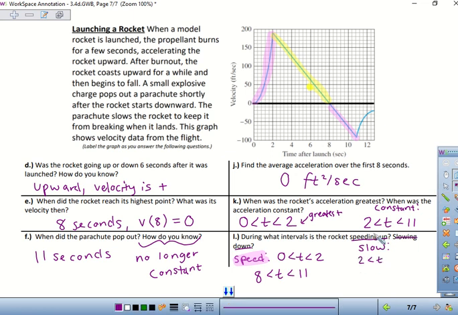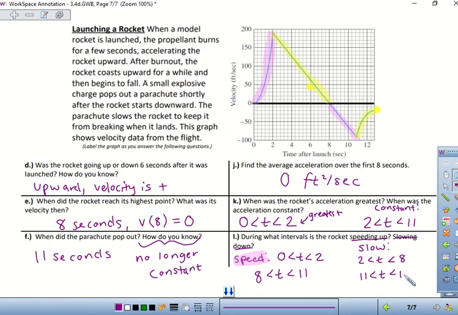So from 2 to 8. And then from here to here, the velocity is negative because we're below the x-axis, but the slope is positive, so they're opposites, so we're slowing down. It's tricky, but you just have to think about it.